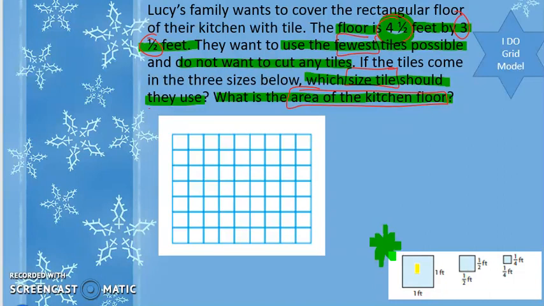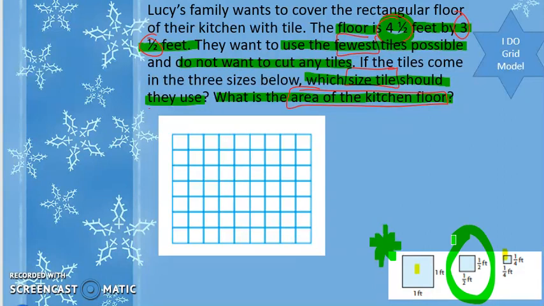And if we decided to try the 1/4 by 1/4 square tiles, they would fit, but they wouldn't be the largest. So we want to know the biggest size tile we can use, using the fewest. And so we're going to go with the 1/2 by 1/2 foot tile.